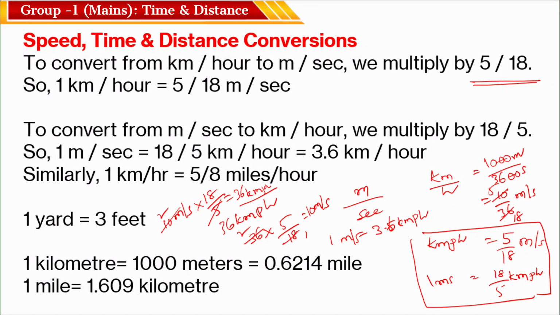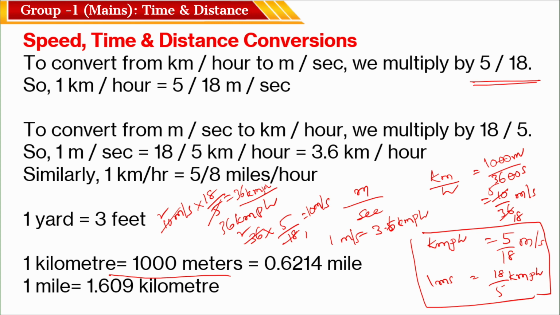If the length is more, you can say it in miles also: 1 kilometer is equal to 0.6214 miles, or you can say 1 mile is equal to 1.609 kilometer. Clear? So, this is very important. Sometimes these relations play a vital role.